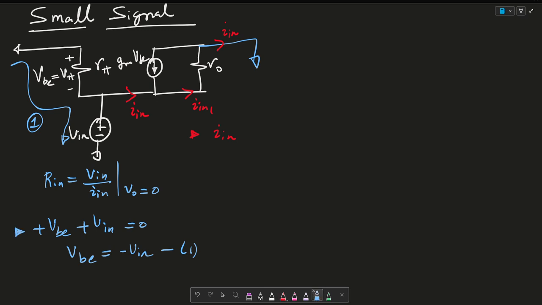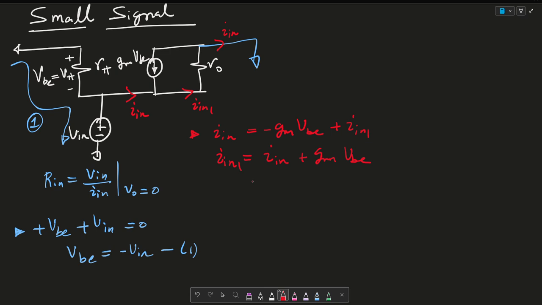This was my first equation. I'm going to say Iin is equal to minus gm VBE plus Iin1. Let me go ahead and solve for Iin1. So Iin1 is equal to Iin plus gm VBE.